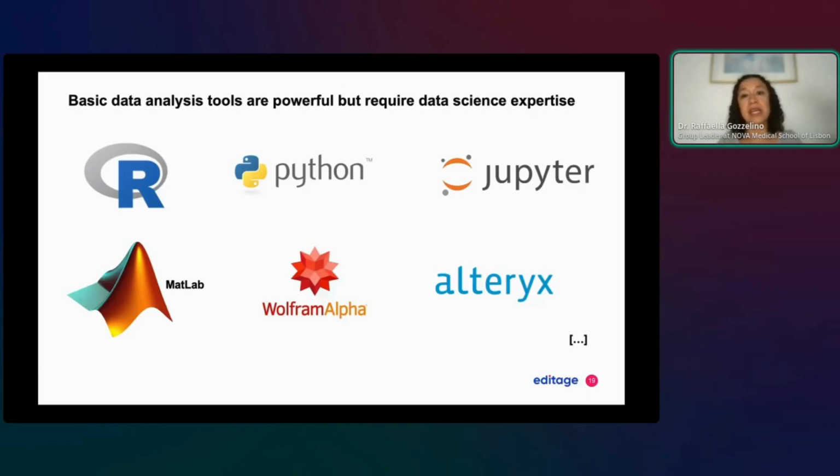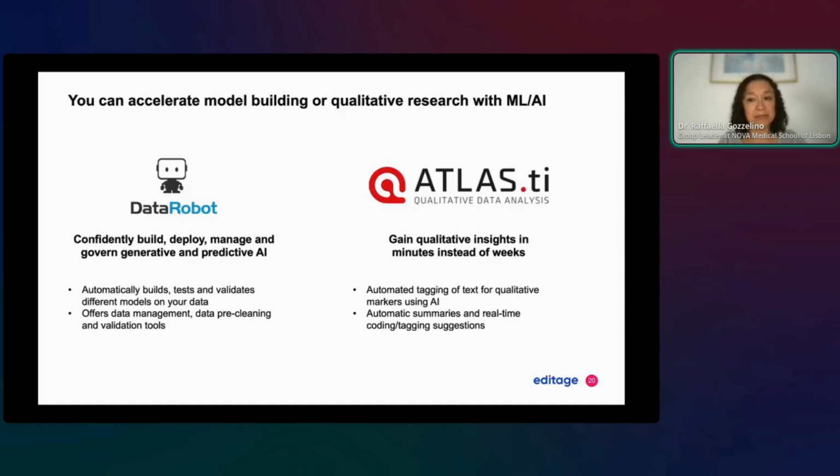And those are indeed from statistics to compilation and analysis through computational tools of many different data sets. So you can indeed accelerate model building or qualitative research with machine learning and AI. And you can build confidently, deploy, manage, and govern generative and predictive AI.